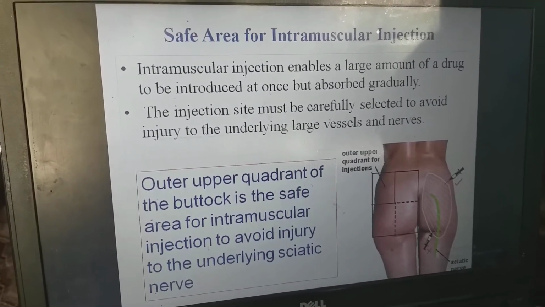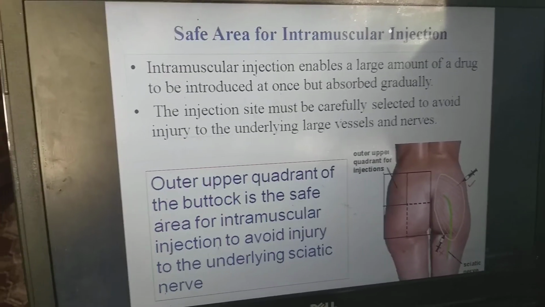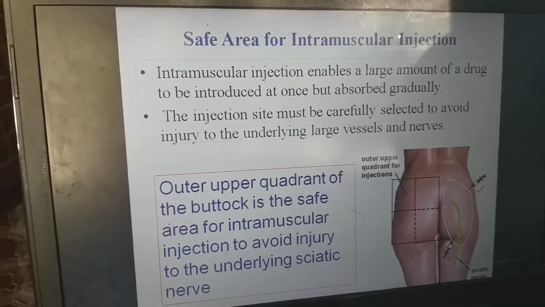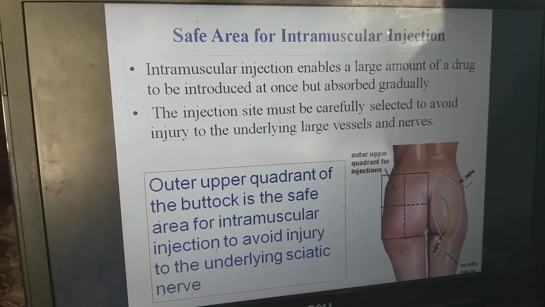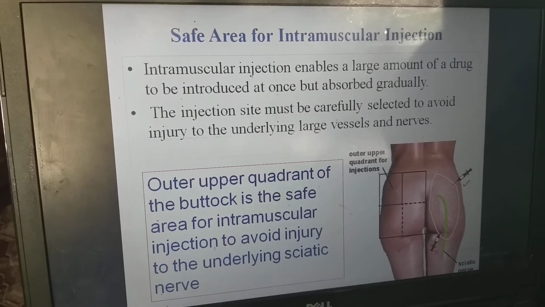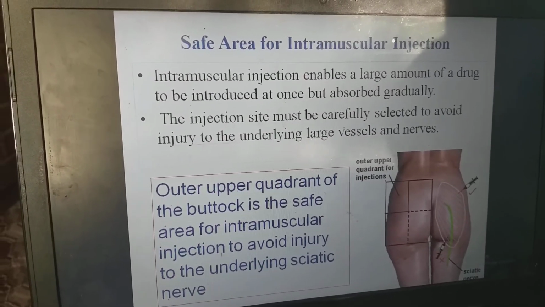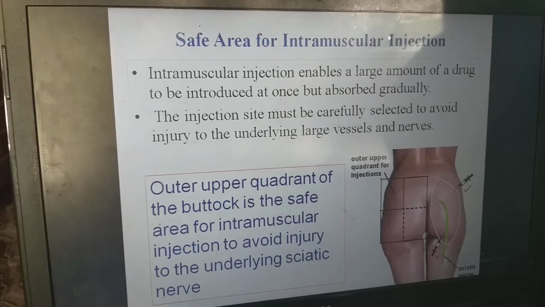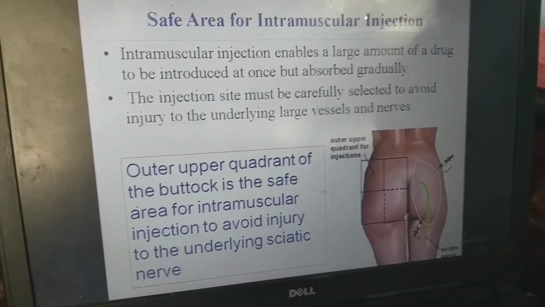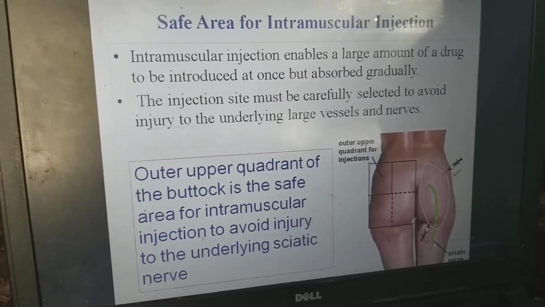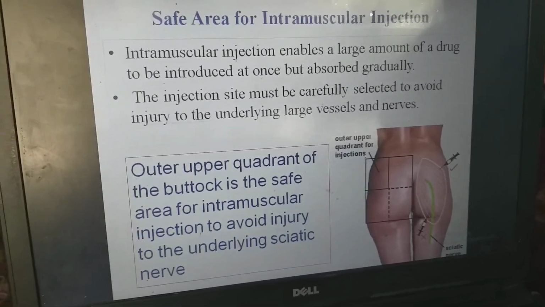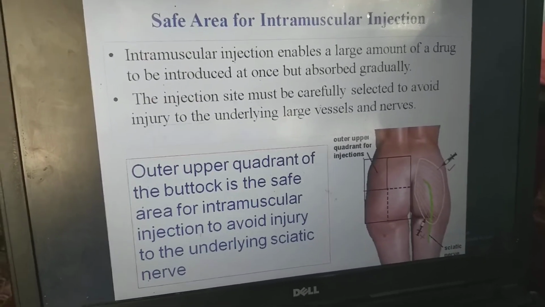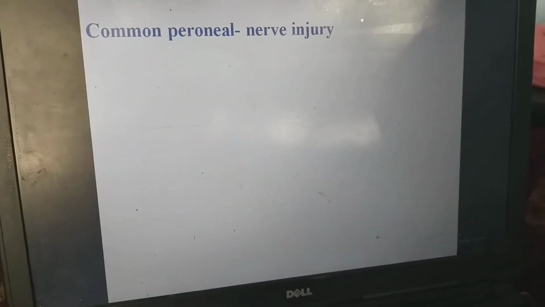If you give it in other parts, the nerve going downward has a number of branches which pass through the other quadrants, so you are going to damage gluteal nerves and impair those muscles which are innervated by the sciatic nerve. So please don't forget, the safe area is the upper outer quadrant.